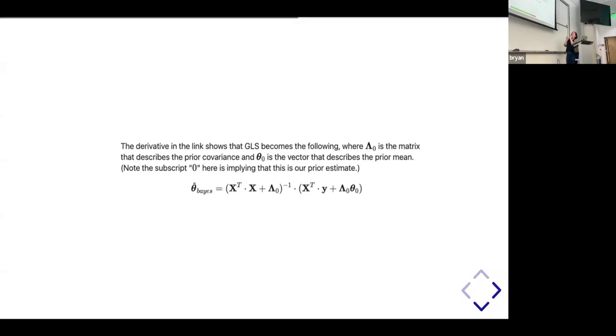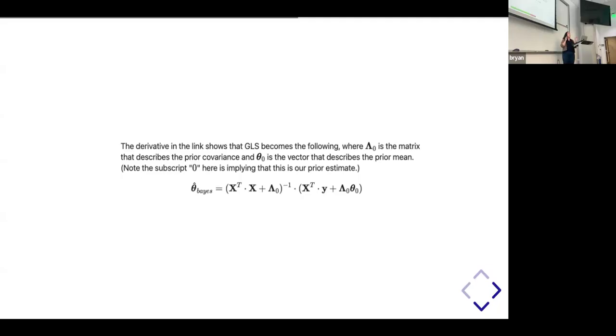Now we have our Bayesian generalized least squares. We now include a matrix. It's got this subscript 0, and that's what I'm using to denote that this is our prior information. This information we have beforehand tells us something about our belief. And then we also have this theta 0, that's a vector.